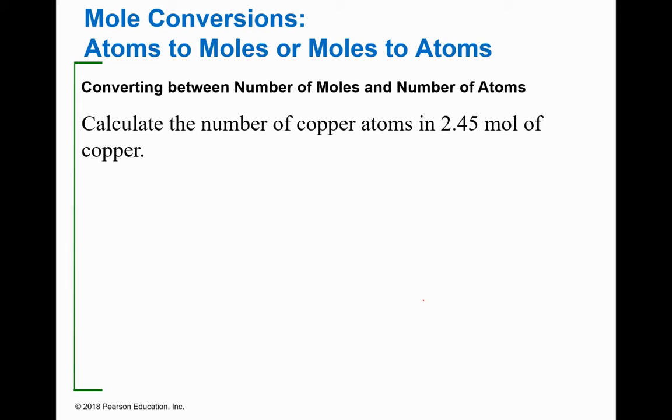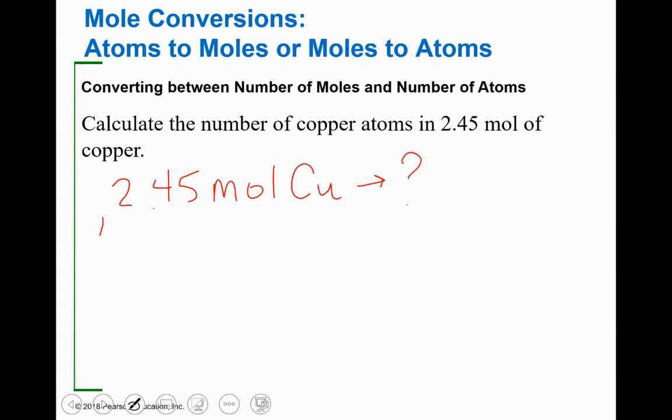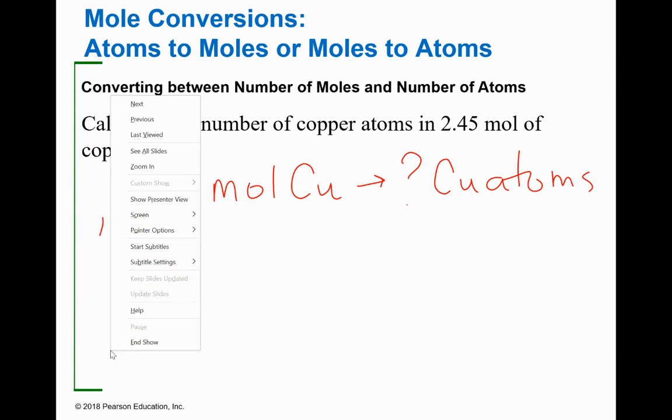Let's look at an example. Calculate the number of carbon atoms in 2.45 moles of carbon. Okay, so here I have 2.45 moles of copper, and I want to know how many copper atoms that is.